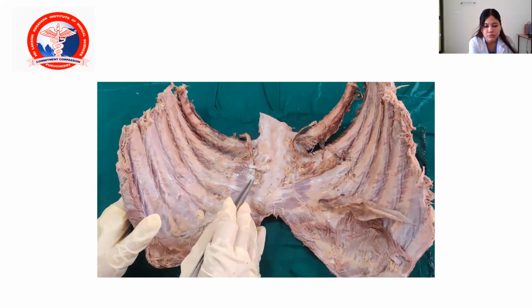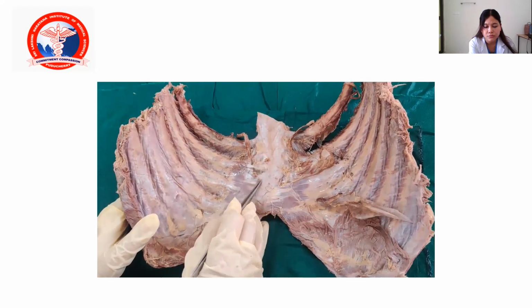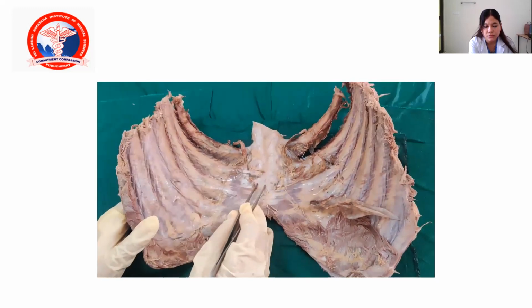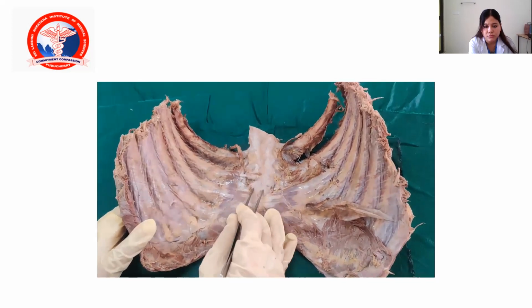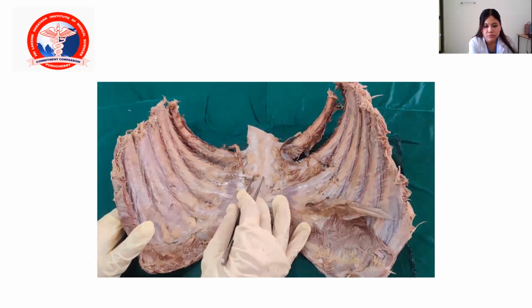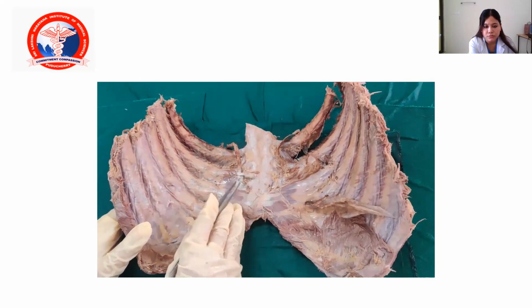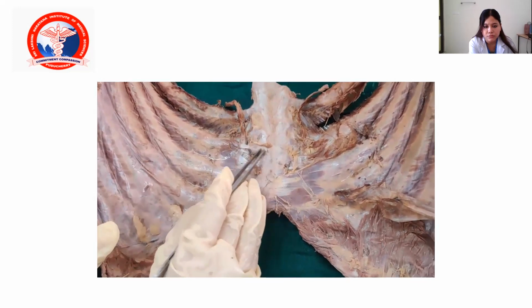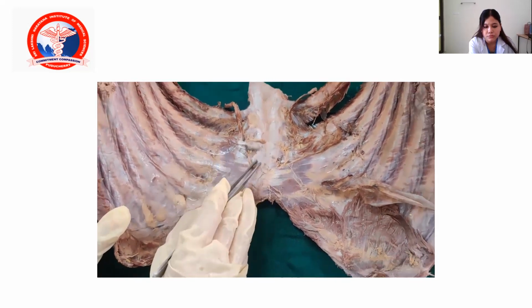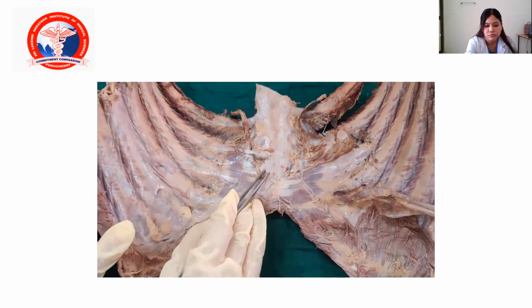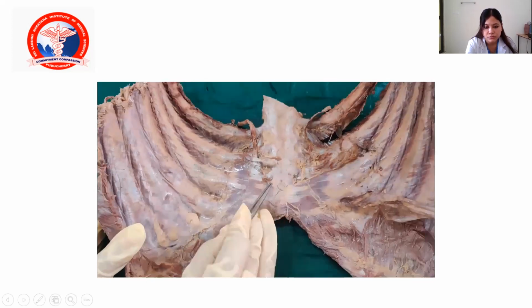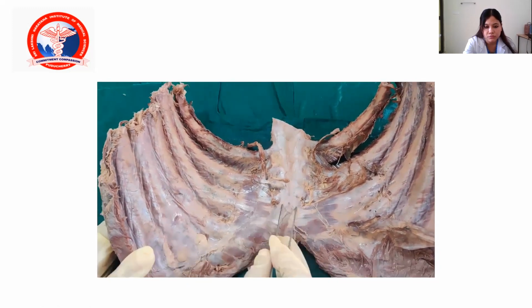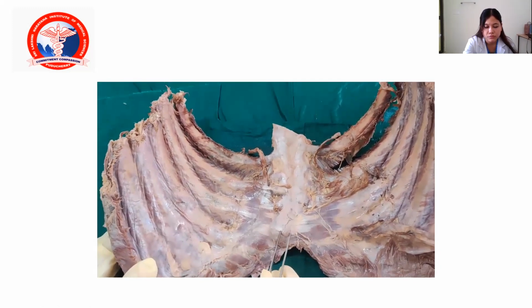It takes origin from the lower part of the posterior surface of the body of the sternum. So this is actually the sternum, the body of the sternum, posterior surface. Also, some part from the posterior surface of the xiphoid process. So here you can see this is the xiphoid process.